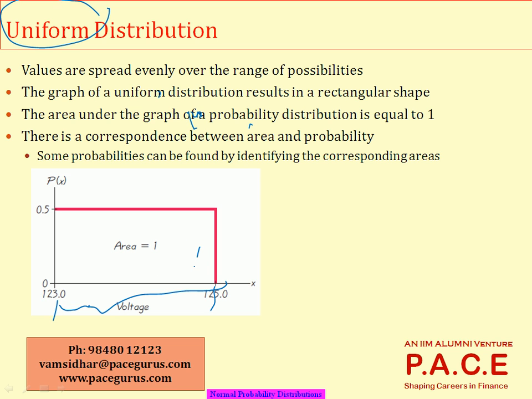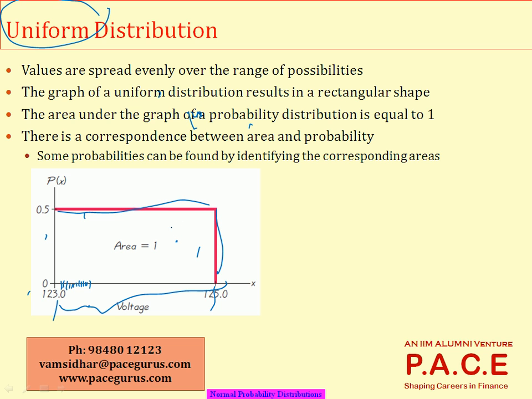When I try to plot this, the possible values are all these, and each of them has a probability like this. So if that's the kind of graph I have, it represents a rectangular box. Anywhere between 123 and 125, this is the probability.